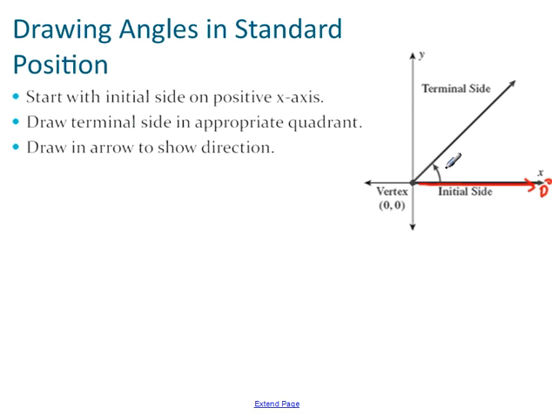And then we draw it to a terminal side, which I have denoted here. That's our terminal side, that's where the angle measure terminates. And then just to help someone who's looking at this angle measure, we want to make sure we draw an arrow in there. That's important for the test because that tells me whether the angle measure is positive or negative if you don't have it written down there. So in this case, this is going counterclockwise, so this would be a positive angle measure.